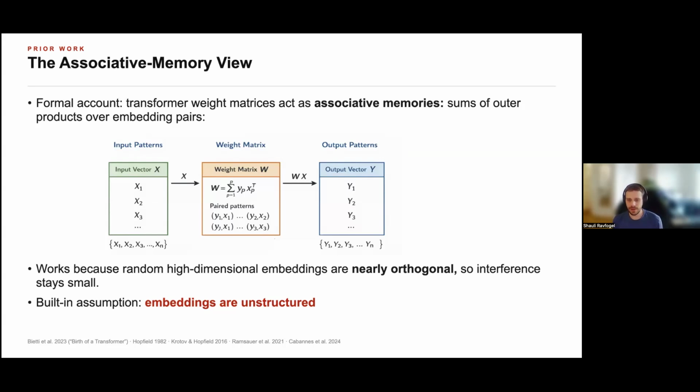Because of very basic properties of high dimensional vectors, the interference is very small if the dimensionality is high enough, so the vectors are roughly orthogonal. Once we computed this memory matrix, we can take the matrix vector product with a particular x, and we are going to get as an answer the particular y of this vector.